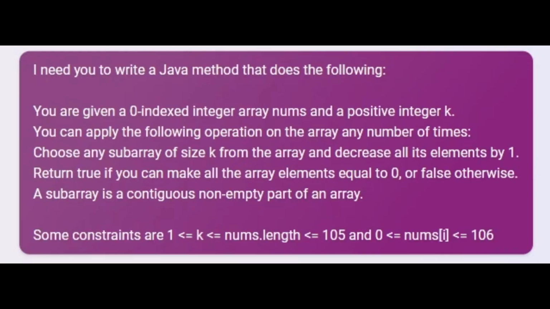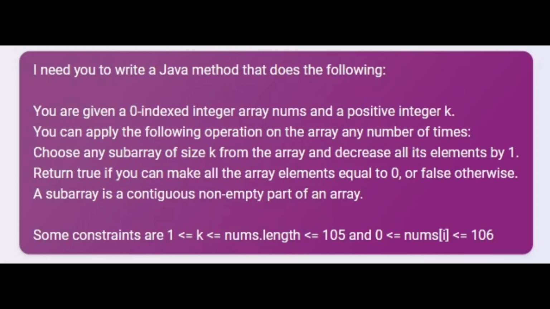I need you to write a Java method that does the following. You are given a zero indexed integer array nums and a positive integer k. You can apply the following operation on the array any number of times. Choose any subarray of size k from the array and decrease all its elements by 1.